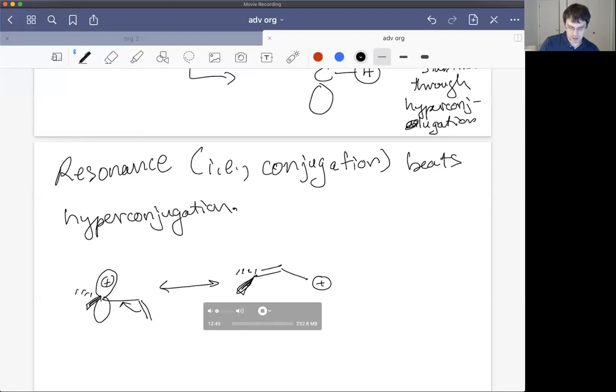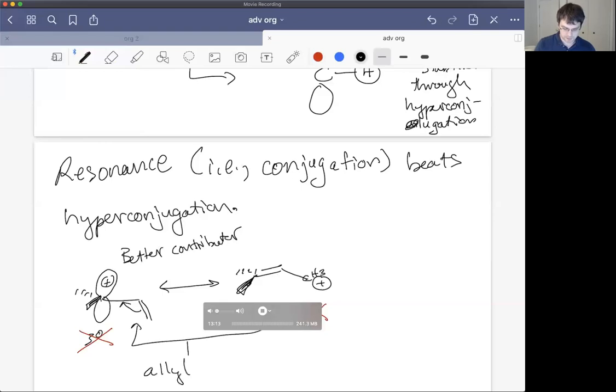Now, when we do that, we actually dissipate the positive charge over to a CH3. So now this is sort of primary, whereas we started with tertiary. So maybe this over here on the left is a better contributor. I'm not going to argue with that. The one on the left is a better contributor to the carbocation structure, but labeling tertiary and primary doesn't apply here. This is just the same carbocation, and instead we would call it allyl.